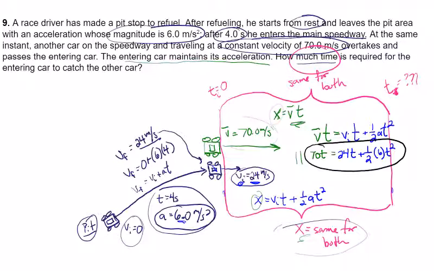Now I always get a few people who are like, I can't do that, it's going to be quadratic and I don't want to use the quadratic formula. Well, one, we may run into situations where you have to use the quadratic formula here in physics, but this one actually doesn't. The reason I know it doesn't is everything has a t with it. So one of the options is time could be 0, but that doesn't make any sense because that's when they started, but it says entering the raceway and catch the other car.